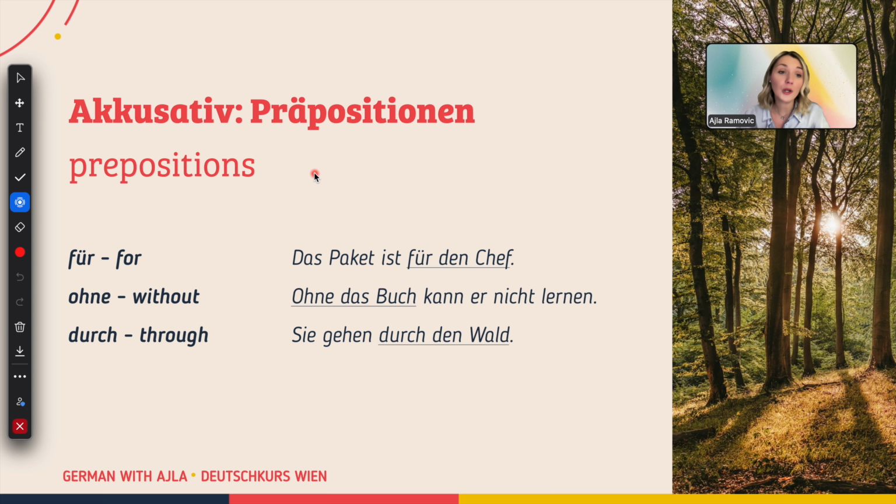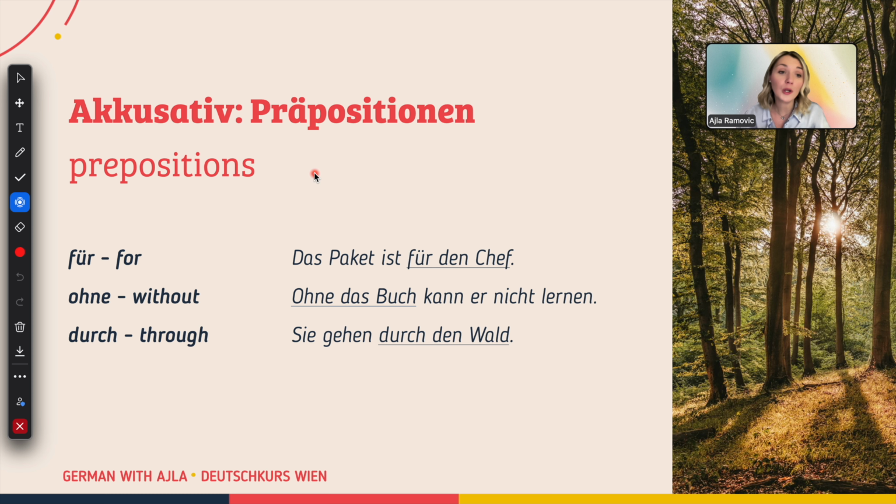The first one is für, which in English means for. Für, for. Let me give you an example. Das Paket ist für den Chef. The package is for the boss.